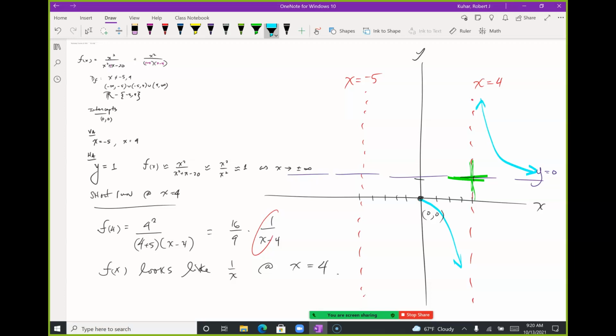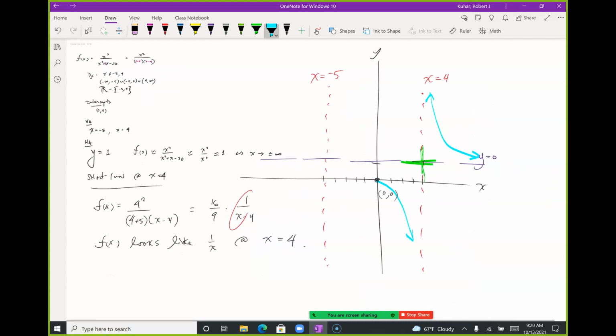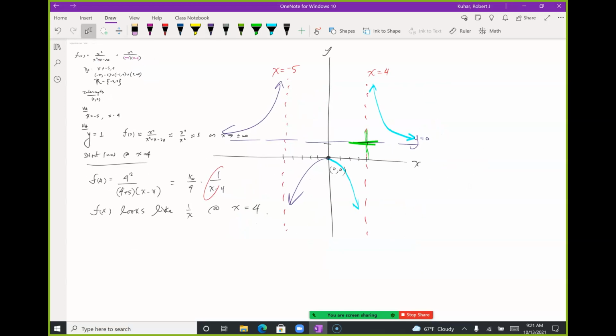I should have that upward piece of 1 over x and that downward piece of 1 over x. And I'm pretty sure the rest of the graph looks something like this. But again, you're going to have the graph there to verify.